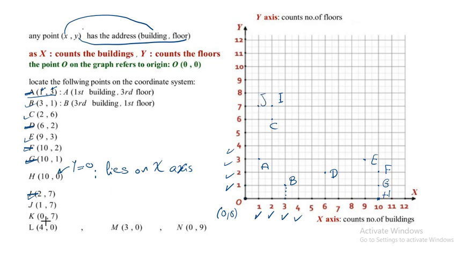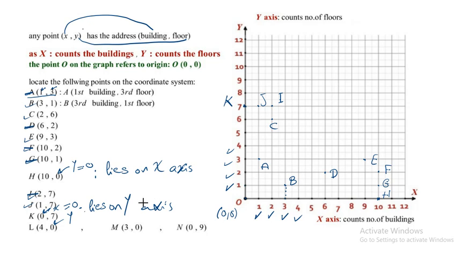J. Point K, 0 and 7. Building 0 and move to floor 7. This is point K. And when x equals 0, the point lies on the y-axis.